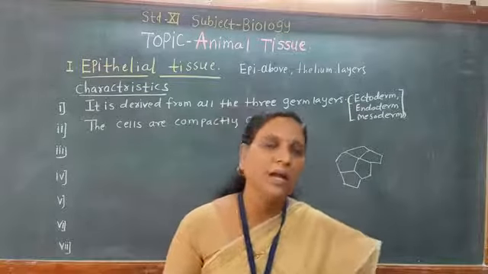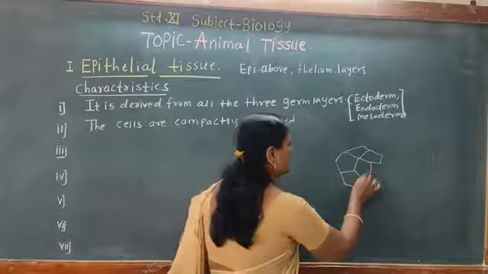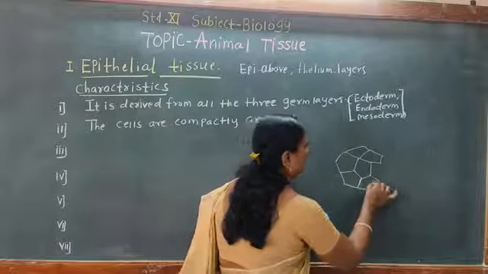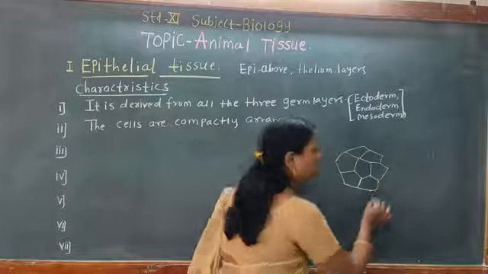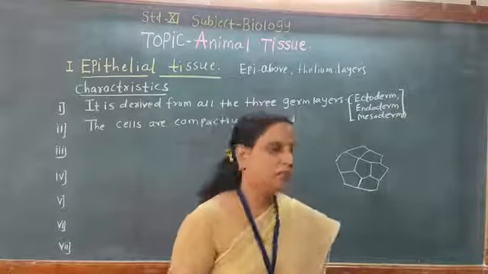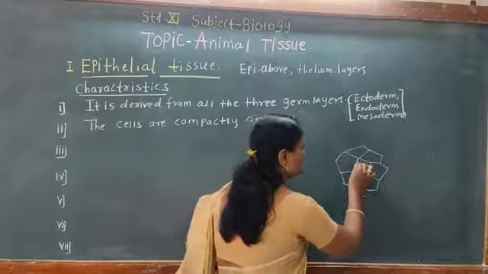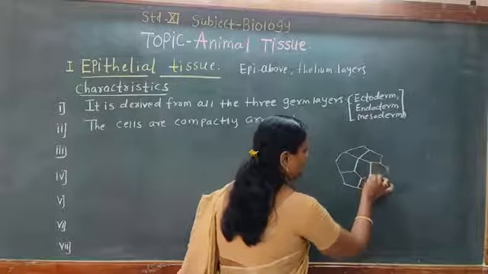Intercellular space is absent. So they are called closely packed cells. They are packed with very little cementing substance present between the cells.